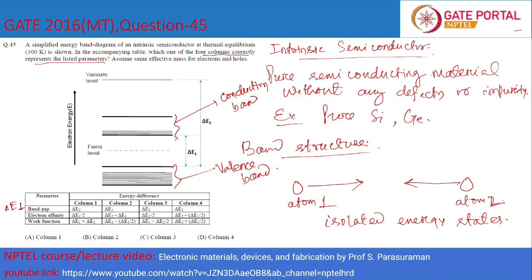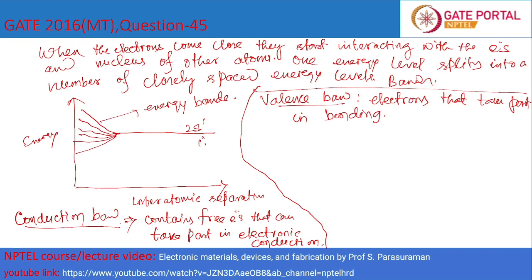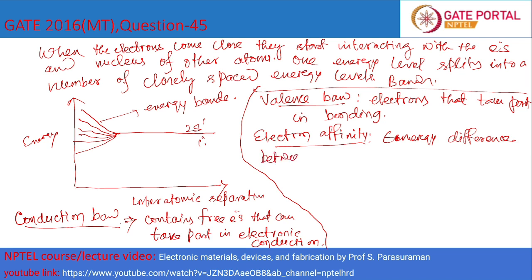Now next, electron affinity. So what is electron affinity? This is the energy difference between the bottom of the conduction band and the vacuum level.